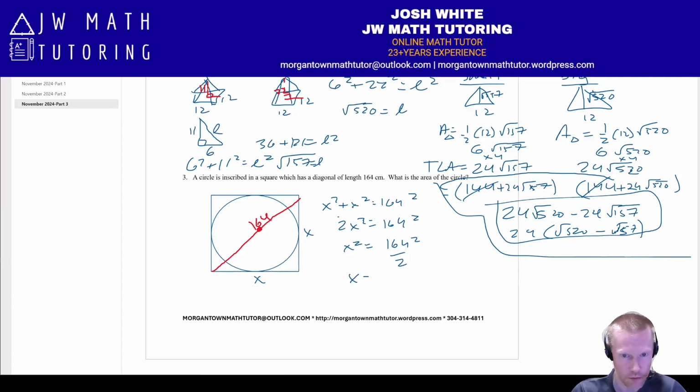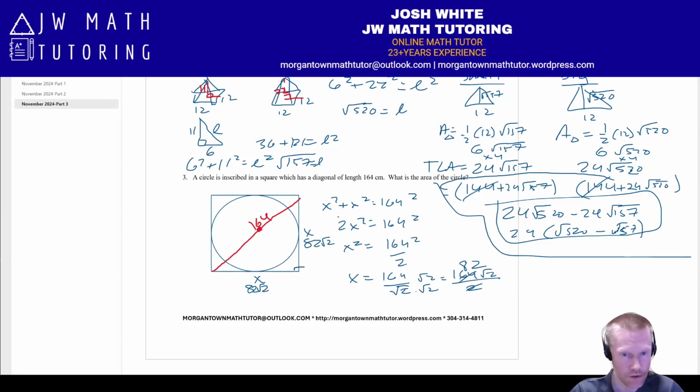Basically, then you could square root both sides, and it becomes 164 over root 2. And then you could rationalize: 164 root 2 over 2, cancel this out. Okay, so each side is 82 root 2, and that's it.